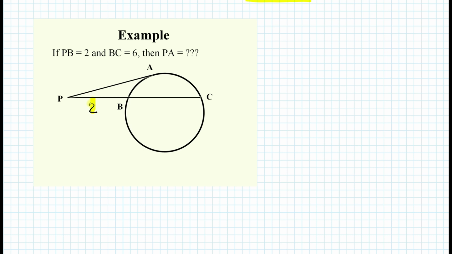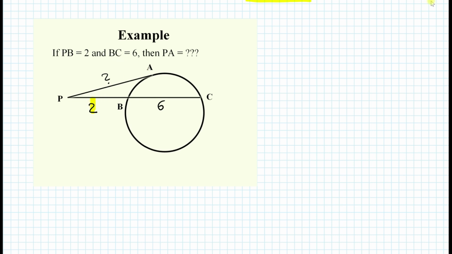The length of segment BC is equal to 6. What is the distance from P to A? Let's keep in mind that segment PBC is a secant and segment PA is a tangent. So the question is, how would you find the length of PA?